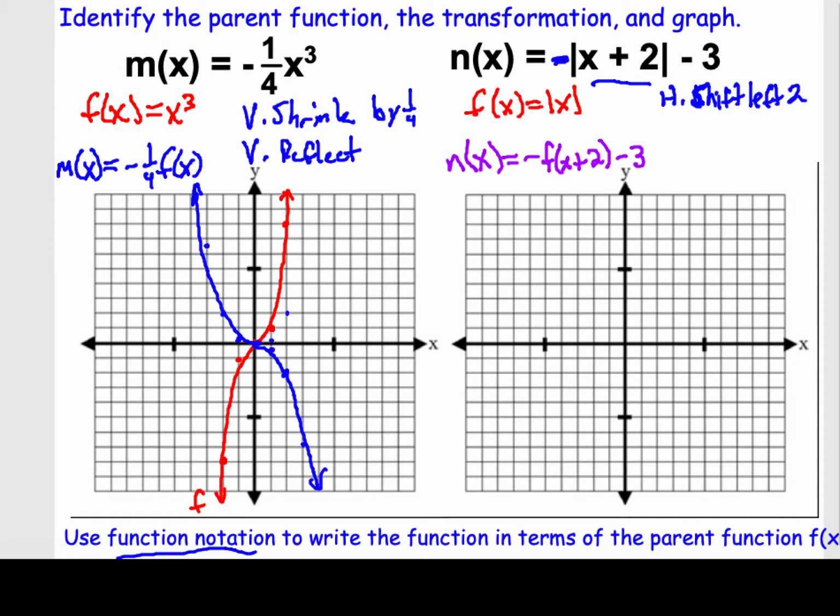So this is going to be a vertical reflection again, much like the first example. And then finally, we're going to subtract 3, but again, outside, so vertically shift down 3 units. So where we would normally have an absolute value, just a simple V shape, traveling up this direction and traveling directly to the origin in here.